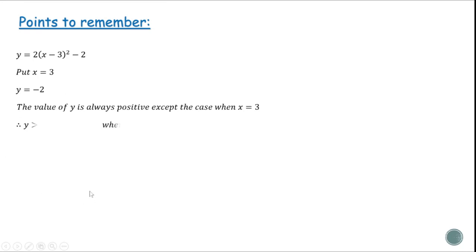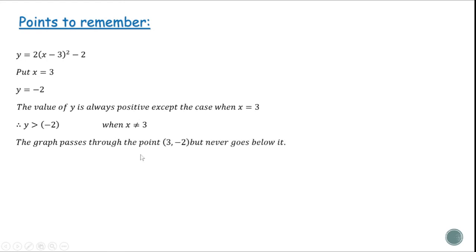So we can easily say that y will always be greater than minus 2 when x is not equal to 3. So the graph passes through the point 3 comma minus 2: the value of x that we took is 3 and the resulting value of y obtained is minus 2. This is the point through which the graph passes, but it never goes below it.